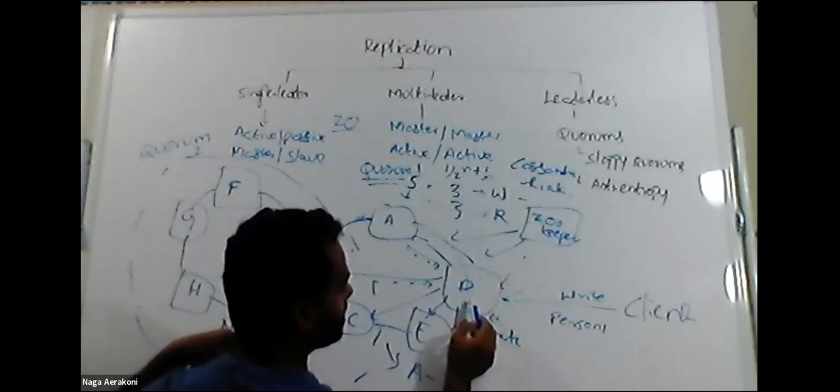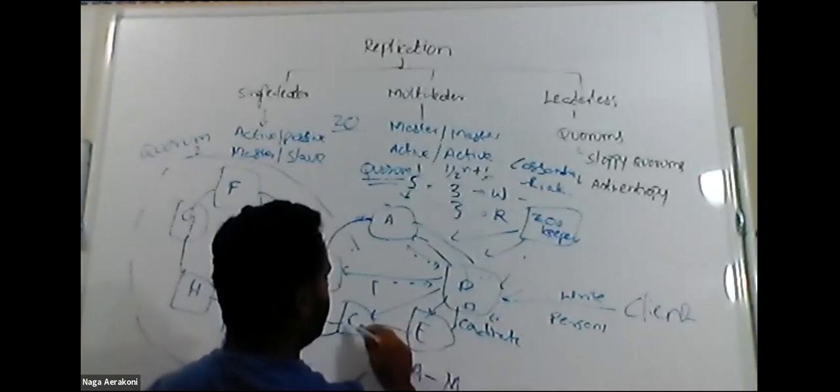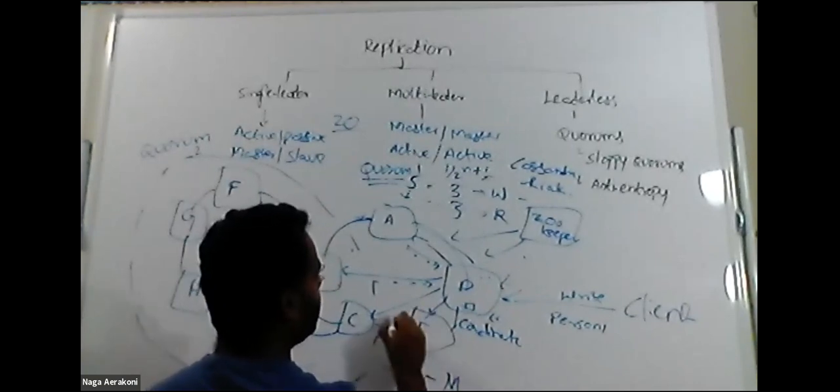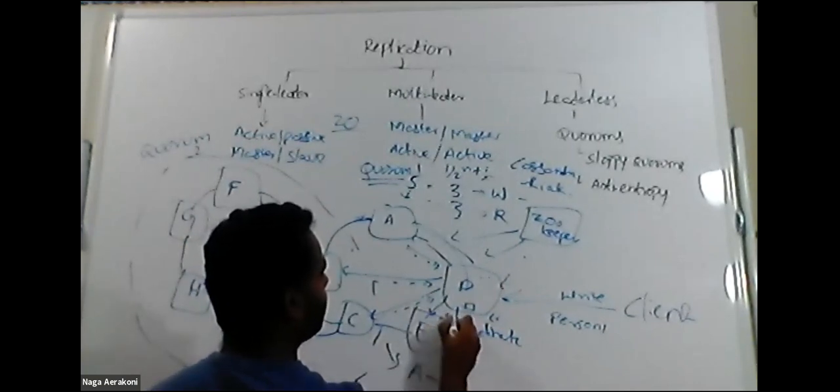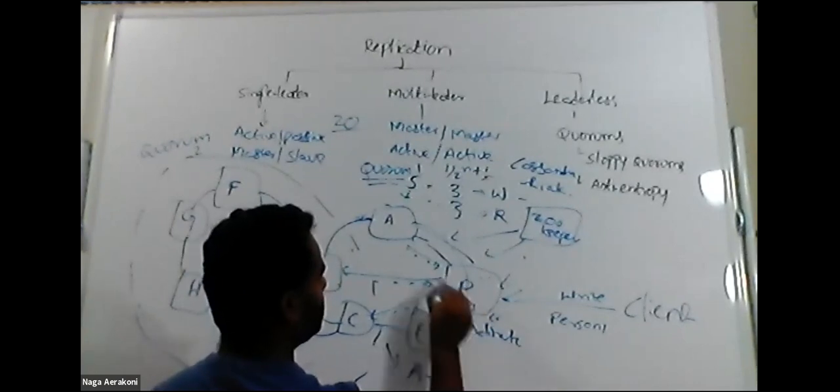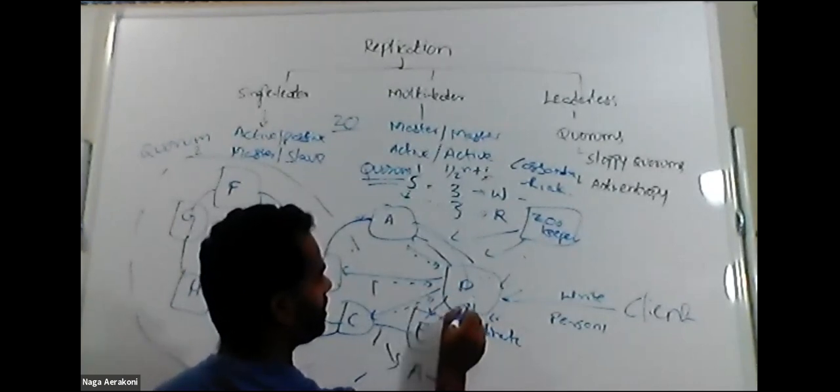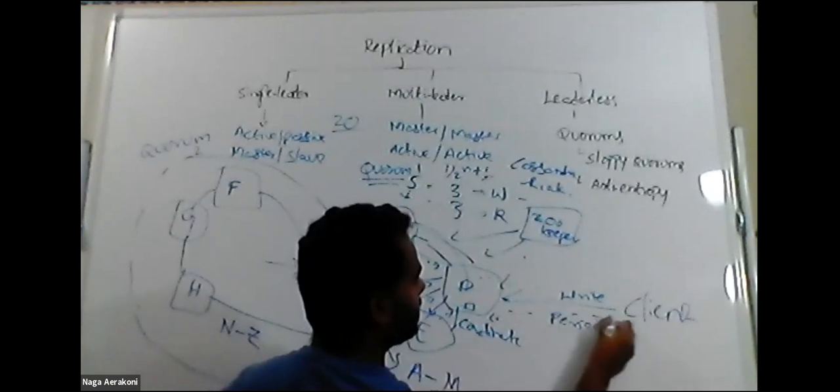So 3 successfully processed. It doesn't wait for C and E. They will still be writing and they might even acknowledge later, but it doesn't care. As long as 3 responses are successfully acknowledged, it acknowledges the write.